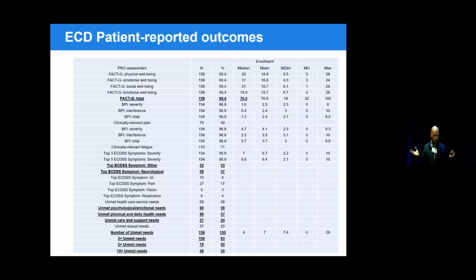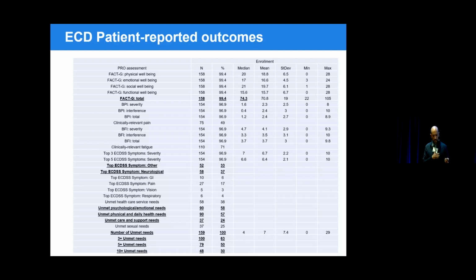It's been given to thousands of people, so you can interpret that number, and unfortunately it's pretty low. I don't think it's a surprise to many of you that your quality of life is not great compared to other people, and there's also a high frequency of pain, fatigue, and other symptom burden.